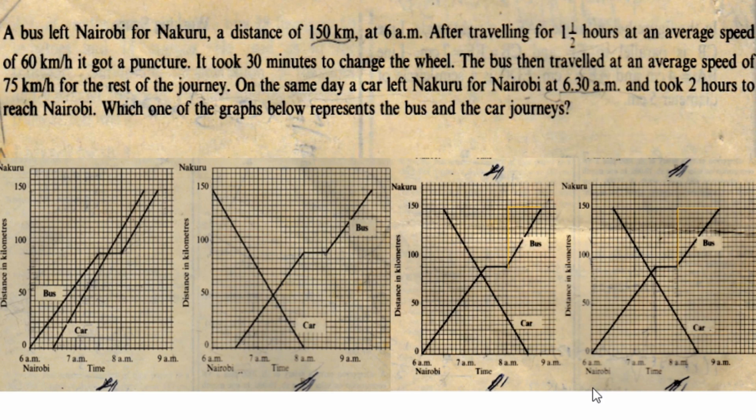Before we do that, I want us to understand the scale on the horizontal axis. On the horizontal axis, we have time, and from 6 to 7, those are 10 squares. 1, 2, 3, 4, 5, 6, 7, 8, 9, 10. And these 10 squares represent an hour, which is 60 minutes. So when you divide 60 by 10, you get each small square is 6 minutes.